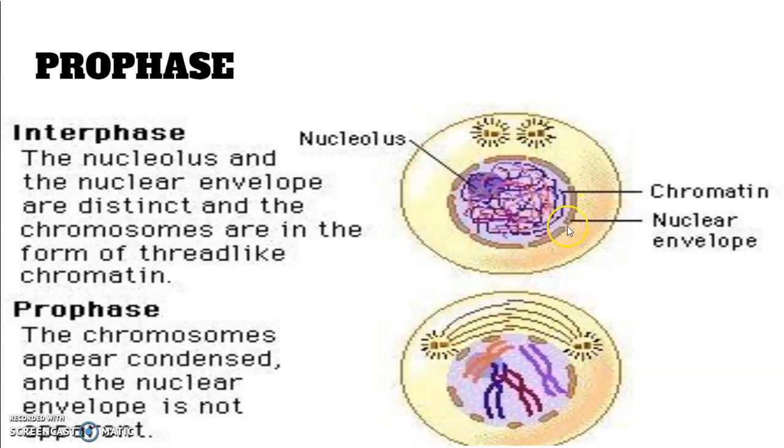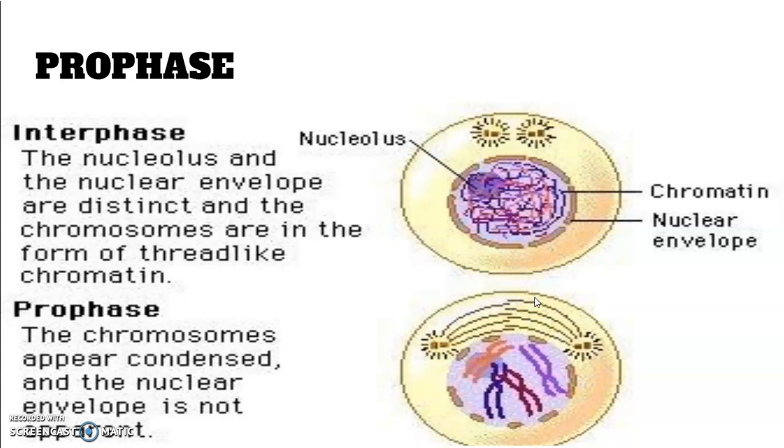It is covered by a double-layered nuclear membrane which has nuclear pores in between. Inside the nucleus, you can see spherical structures called nucleolus, and a network of threads called chromatin. The chromatin is present as a loose network of fibers, which we commonly call chromatin reticulum. After interphase comes the dividing phase, or mitosis.